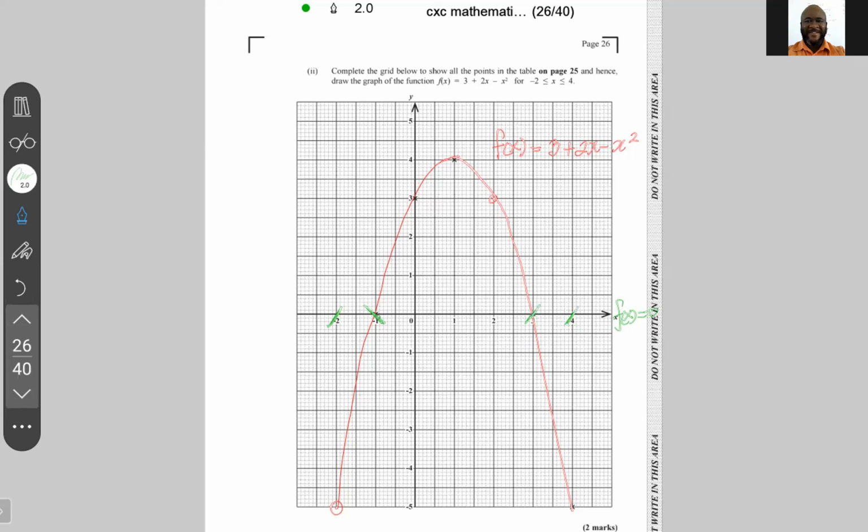But between x is equal to -1 and x is equal to 3, the graph is above the line. The graph is above the line f of x is equal to 0.